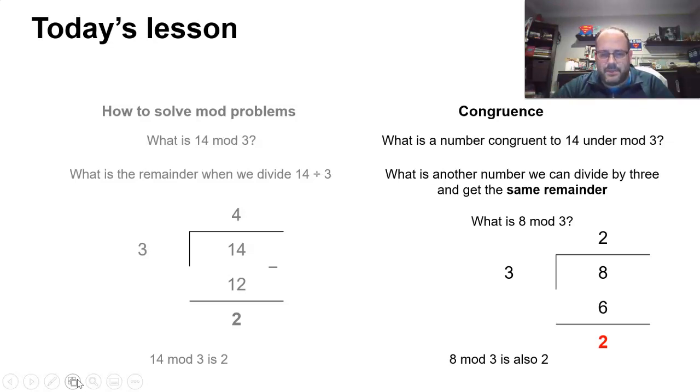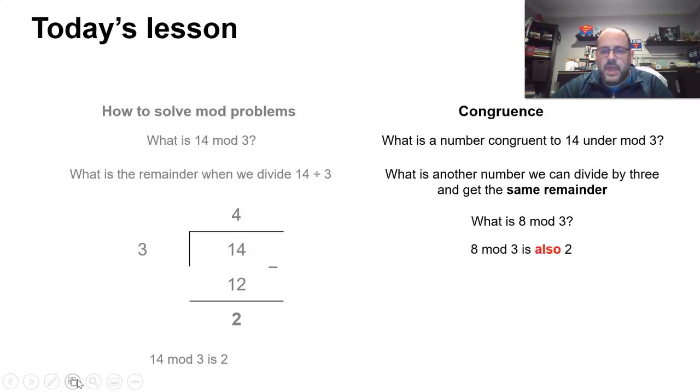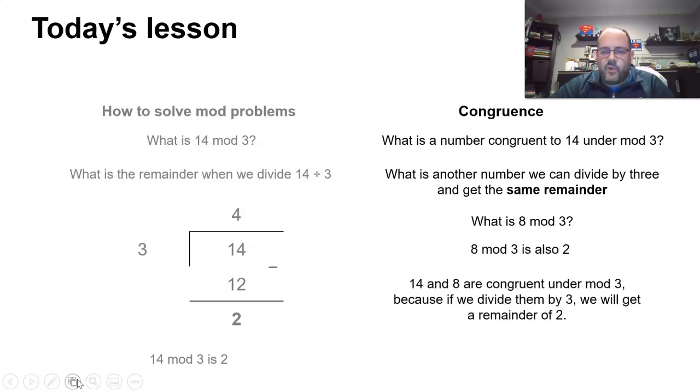Both of these numbers under mod 3 arithmetic leave the same remainder. So we would say that 14 and 8 are both congruent under mod 3 arithmetic because when we divide them by 3, we get a remainder of 2. Key idea here, two numbers are congruent if dividing them by the same number gives us the same remainder.